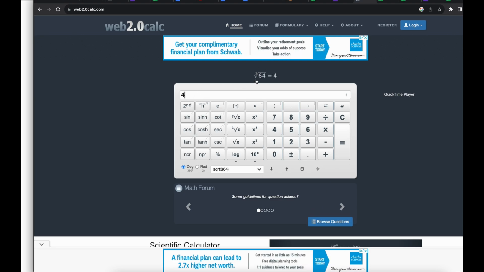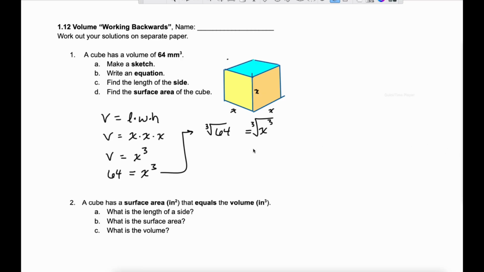So 4 times 4 times 4 should be 64, and it is. So x equals 4 millimeters.